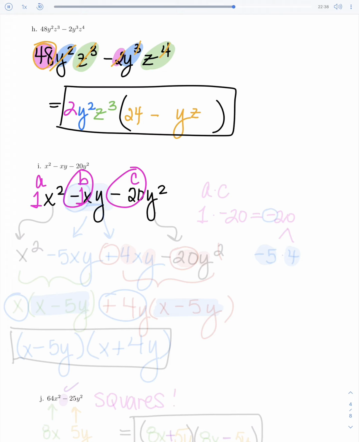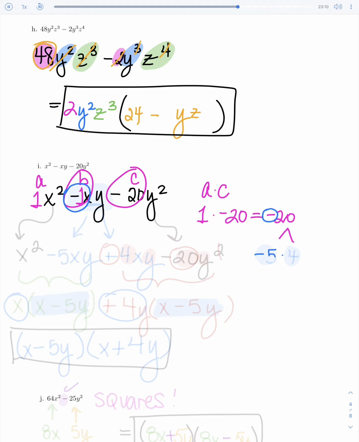So when I'm starting to do my A times C for my AC method, I'm doing 1 times -20, which is a -20. And I'm going to need 2 factors of -20 that add up to the middle number, which is a -1. Remember, that means I'm going to need 1 negative and 1 positive that add up to a -1, meaning they have to be side by side.